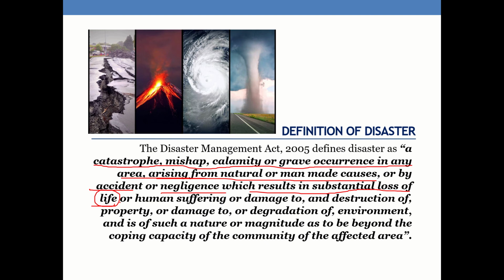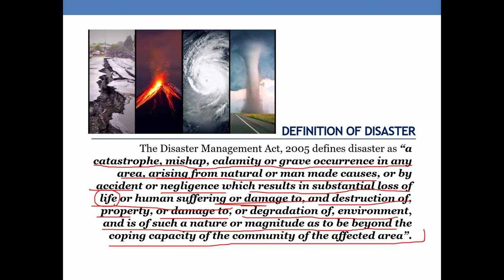This is the primary thing. Human suffering, damage to and destruction of properties, damage to or degradation of environment, and is of such a nature and magnitude as to be beyond the coping capacity of the community affected by the area.